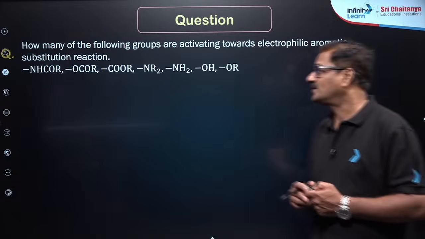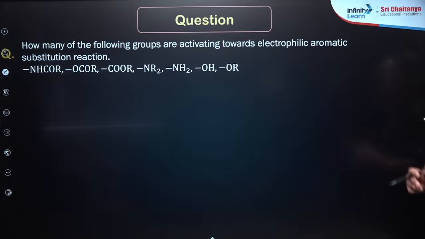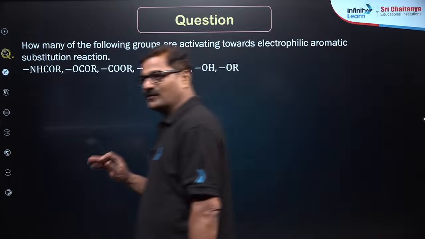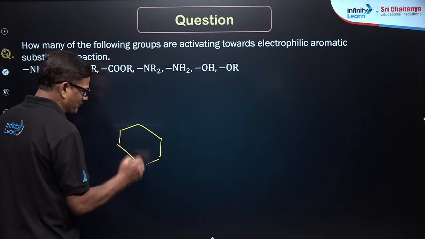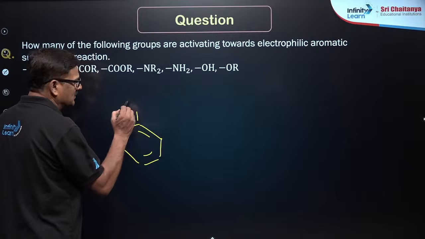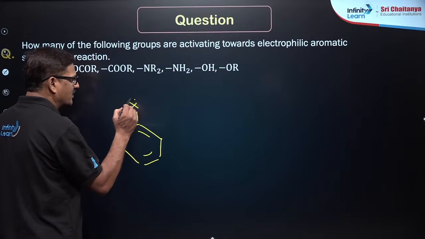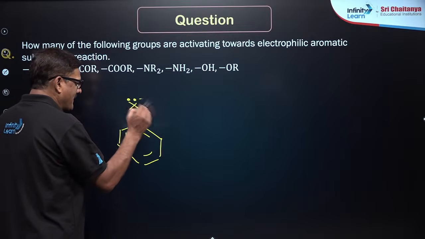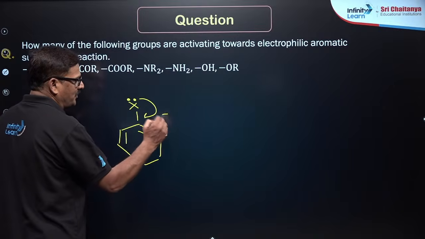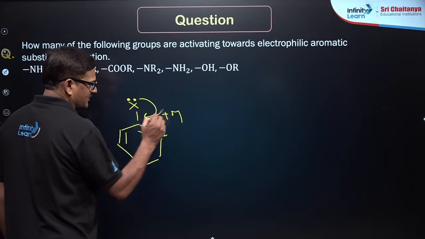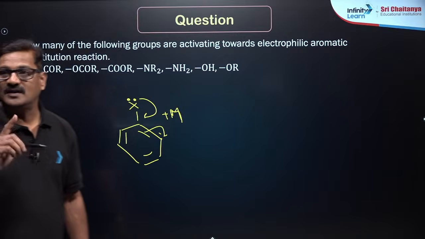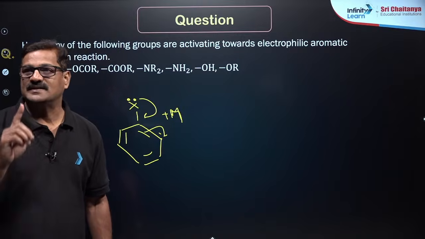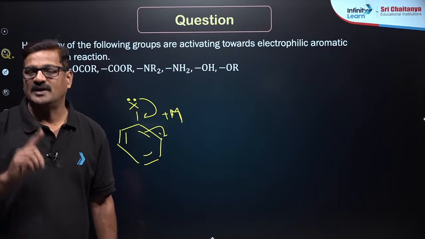And one more important thing: how many of the following groups are activating towards electrophilic aromatic substitution? Whenever a group has a lone pair of electrons, it can show a positive mesomeric effect. Whenever it shows a positive mesomeric effect, the ring is going to be activated.